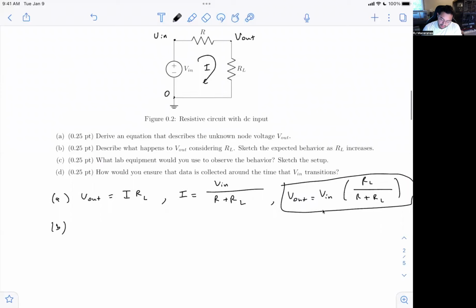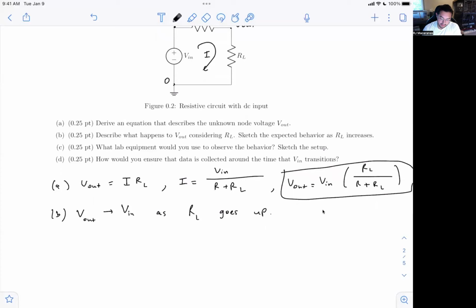So as RL goes up, Vout approaches Vin. As this RL term starts to dominate both the numerator and the denominator, then we're going to have a ratio of 1 to 1. So at some point the output voltage becomes Vin.